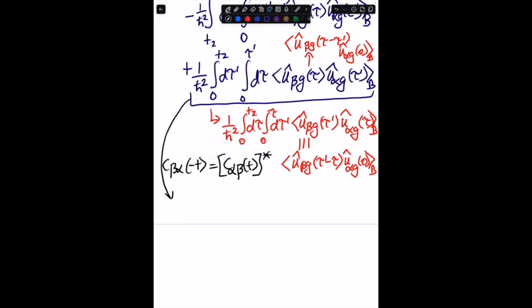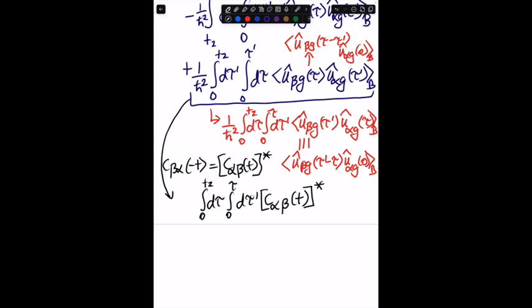this third integral just boils down to this 1 upon h bar square, 0 to t2, t tau prime, 0 to tau prime, d tau, 0 to tau, t tau prime of, okay, I shouldn't be writing the 1 upon h bar square, but I can just write it as C alpha beta t star.